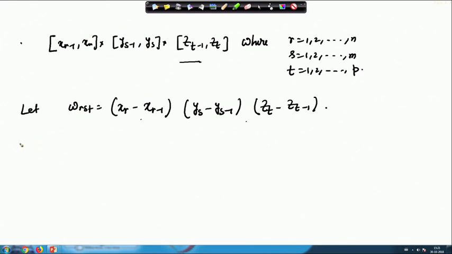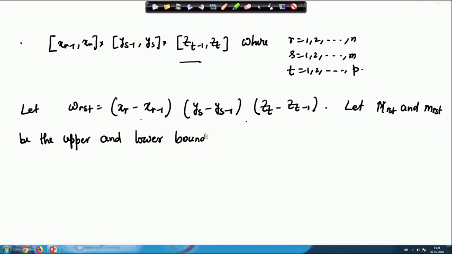And now we write let capital M_rst and small m_rst be the upper and lower bound of the function f on this sub-rectangular parallelepiped.